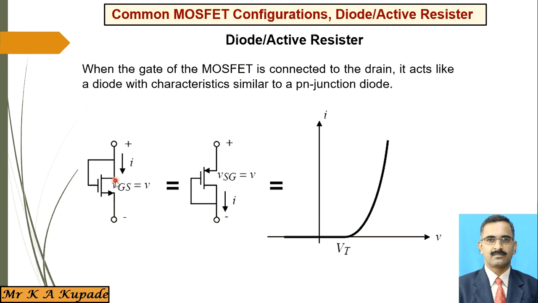Due to this, the majority carriers flow through that inversion layer towards the drain, and due to that the current is flowing.